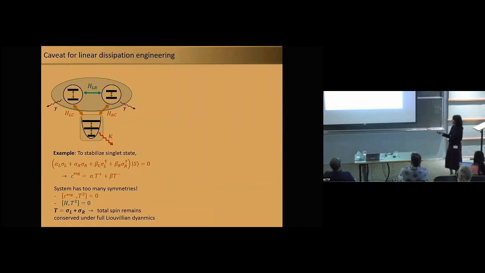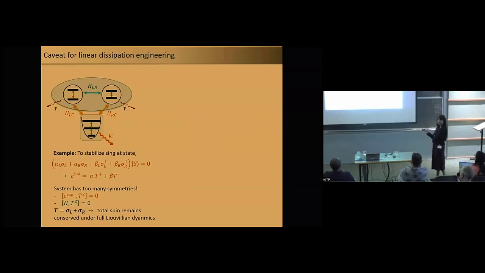And very soon you realize that you run into a no-go theorem. If you try to write down these two conditions for a simple Bell state, you see that your engineered jump operator turns out to be a superposition of total spin-up and total spin-down operators, which essentially means that by definition your jump operator commutes with the total spin. And your Hamiltonian, since it's an eigenstate, the total spin also has to commute with the Hamiltonian.